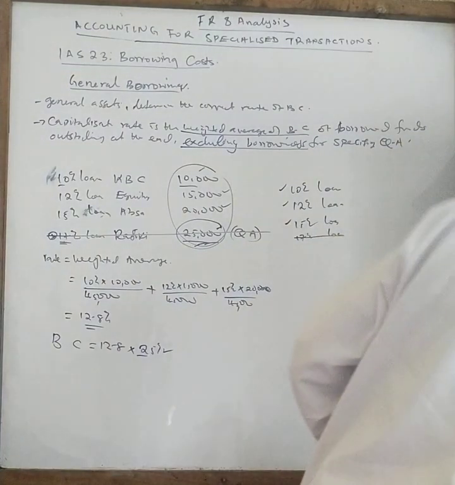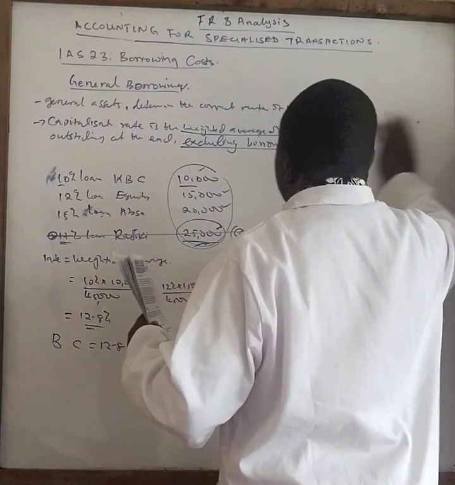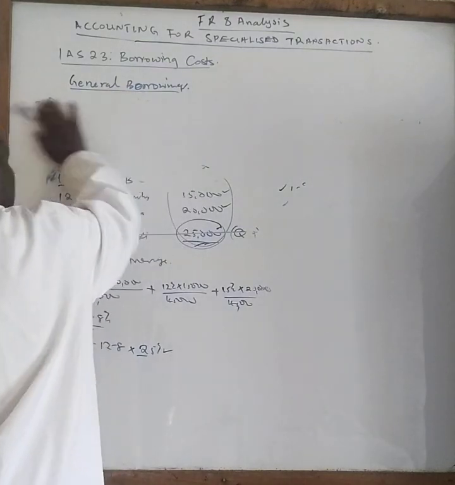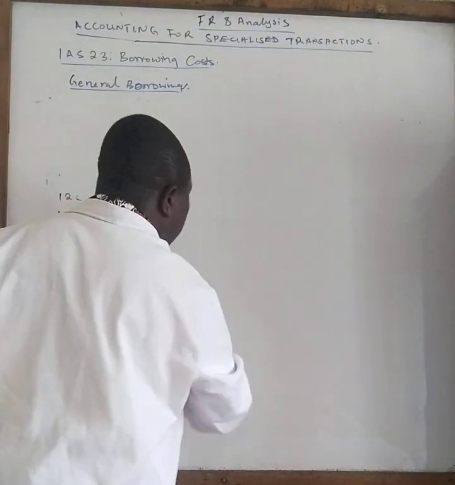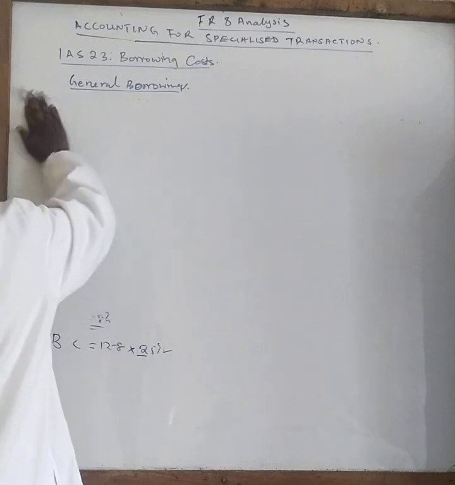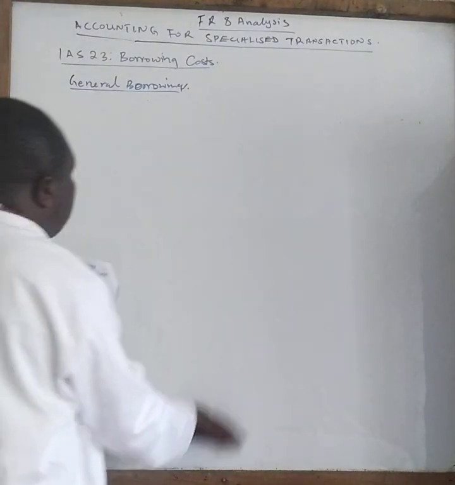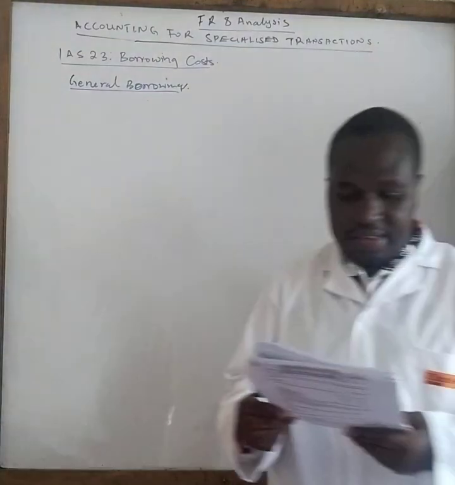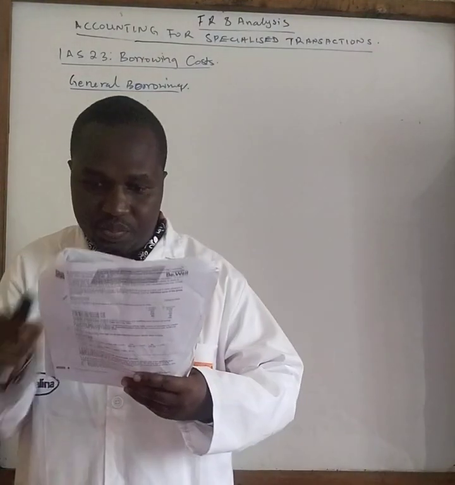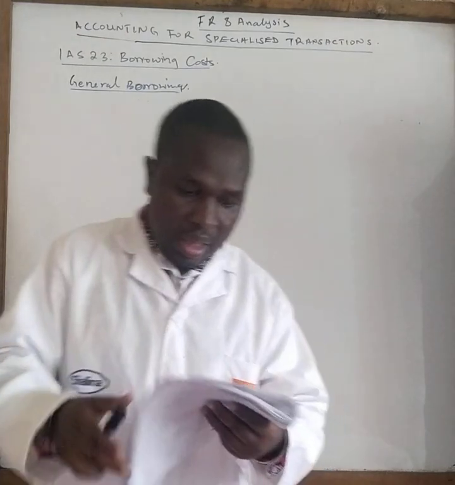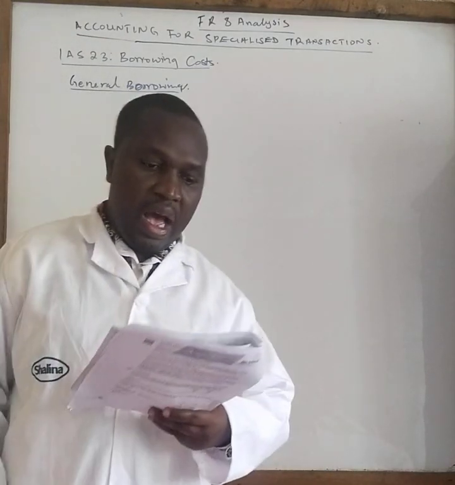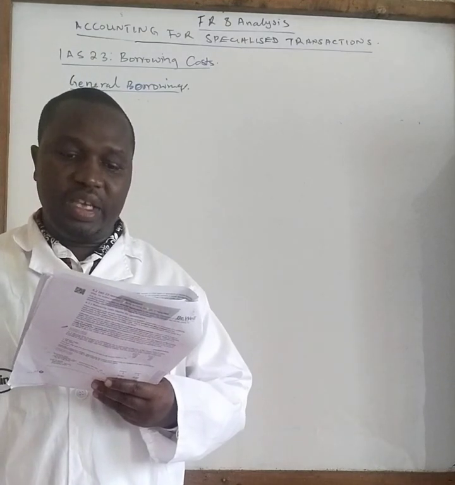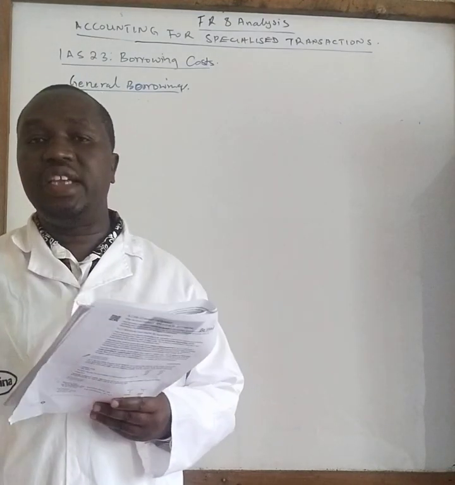Let's see an example on borrowing costs, class. The example is there in our notes. It says, a company had the following loans in place at the beginning and the end of 20x6.